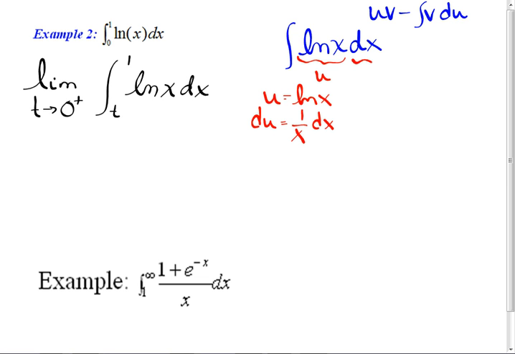Then the other part will be, because all we're trying to do is undo the product rule, that's dv. That makes sense? That came from the product rule? That's what the u times v is. So if dv equals dx, then v is equal to what? X. Okay, so we're going to take u times v.